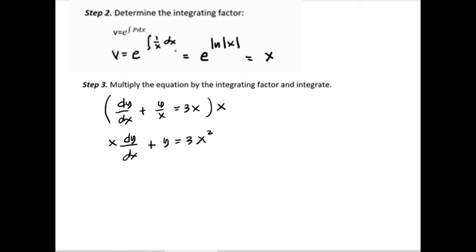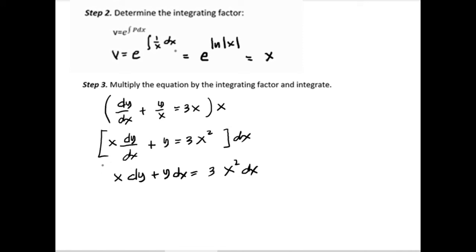You notice in integrating the equation, we still need to transpose dx to the numerator. So we're still going to multiply this by dx. So we have here x dy plus y dx is equal to 3x squared dx.